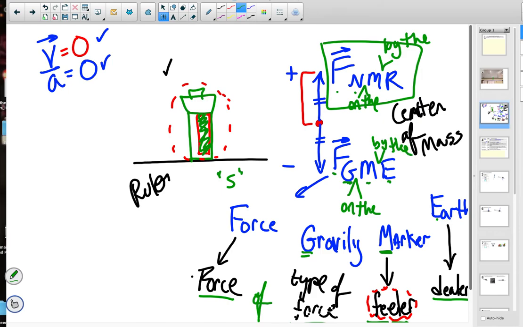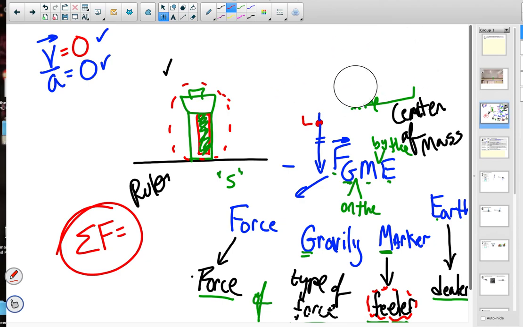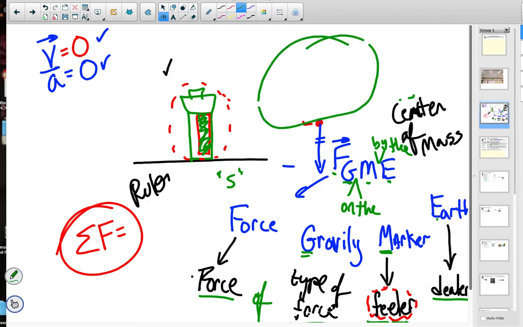So hopefully that helps you better understand how to build a basic force diagram, a basic naming system using these 4-letter subscripts, as well as an introduction to net force. In fact, if we were to take the normal force away, if we removed the meter stick, the ruler, what would be left over? It would only be the force of gravity. If you have force of gravity pulling down and there's no force pulling upward, then the force of gravity on the marker by the Earth would also be the net force in this case.